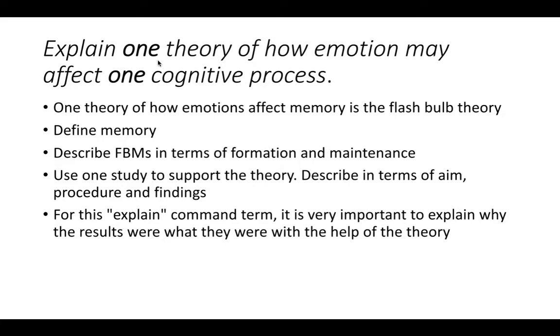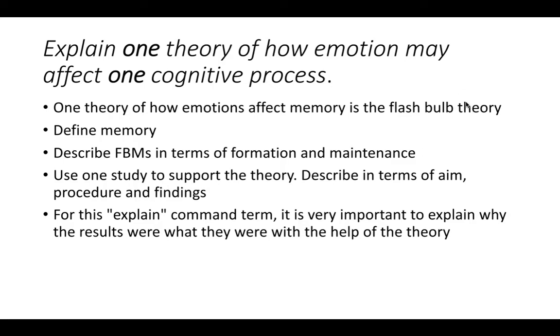So you will have to make sure that you identify which cognitive process you are trying to explain. Again, your very first sentence is where you will be able to do that. So for a question like this, one theory of how emotions affect memory is the flashbulb memory theory. So that is you answering the question right off the bat.